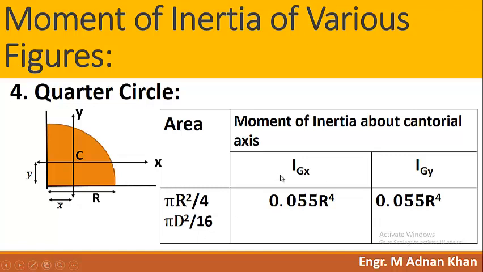Its moment of inertia about the x-axis is given as 0.55 r power 4, and the moment about the y-axis is also 0.55 r power 4. That's all for today.